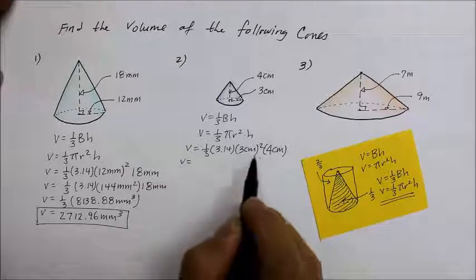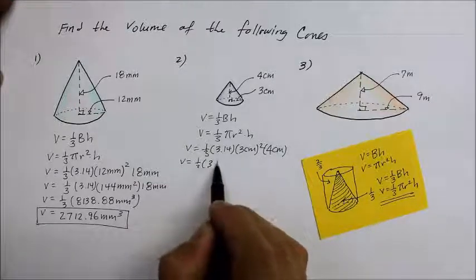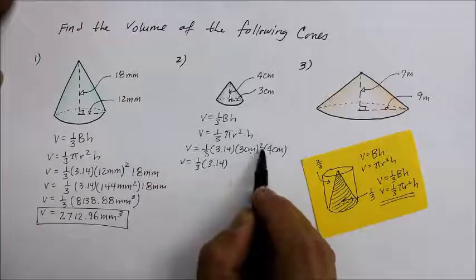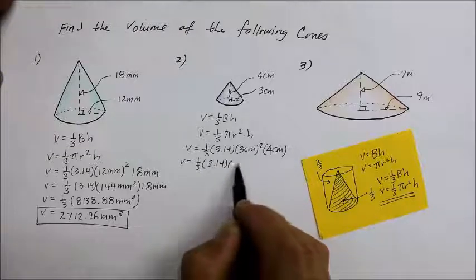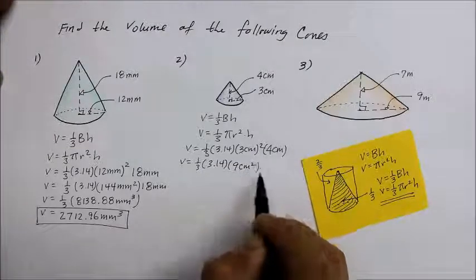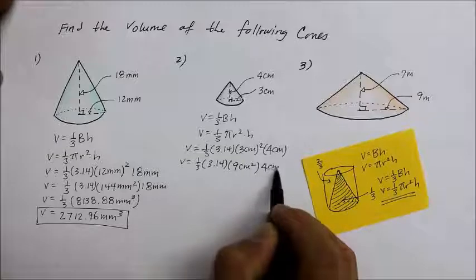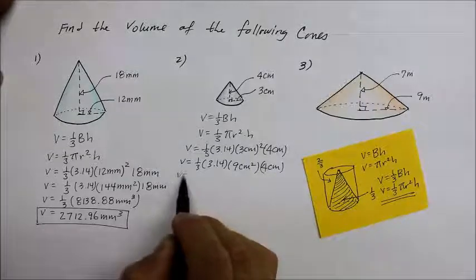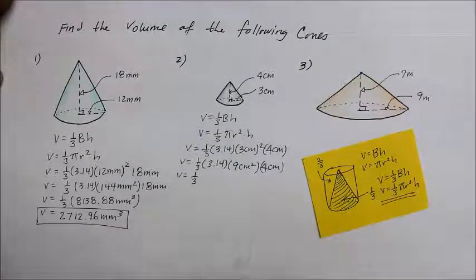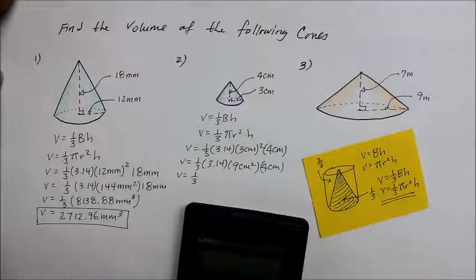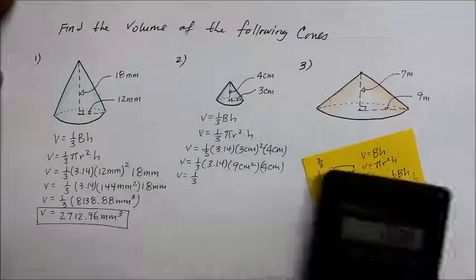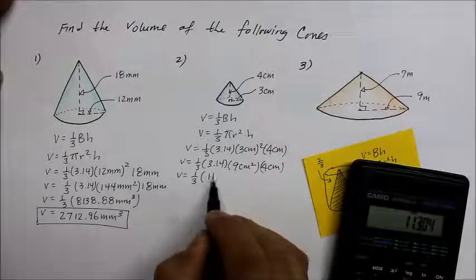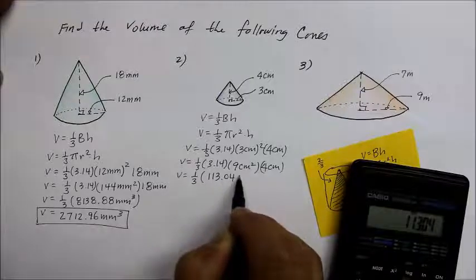Let's evaluate the square first. So we got 3.14 times 3 centimeters times another 3 centimeters is 9 centimeters squared times the height, which is 4 centimeters. And let's go and multiply everything across except the quotient 1/3. So we get 3.14 times 9 times 4 equals 113.04 centimeters.